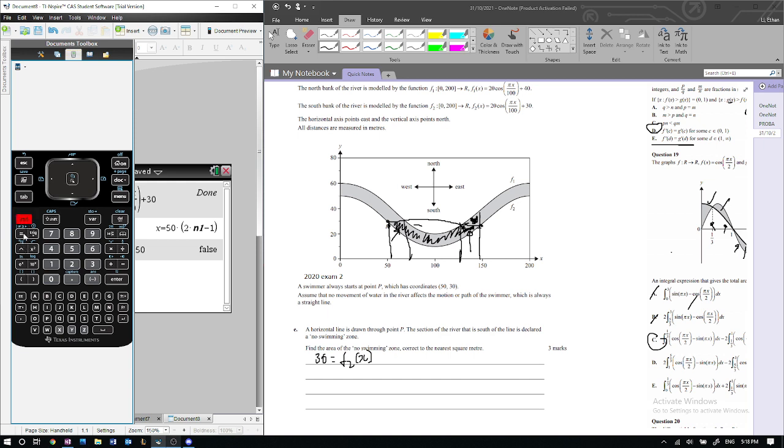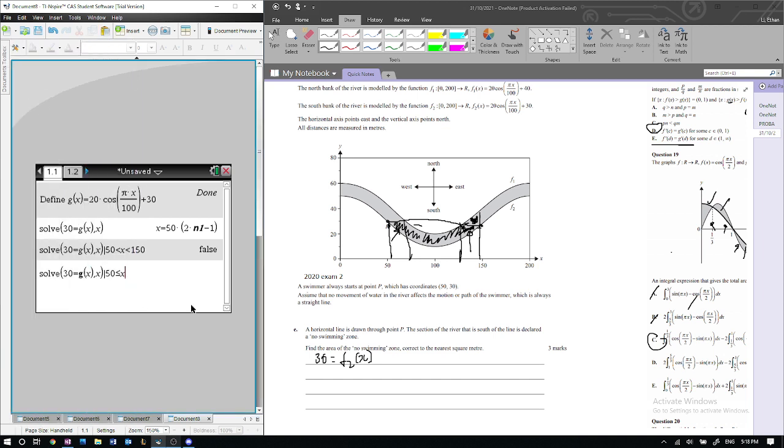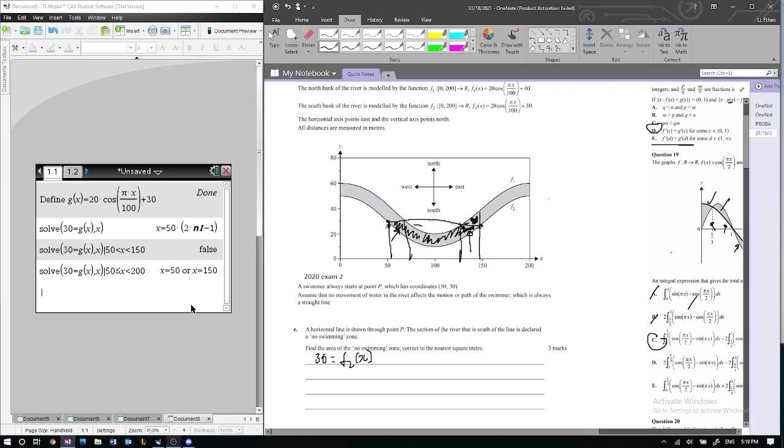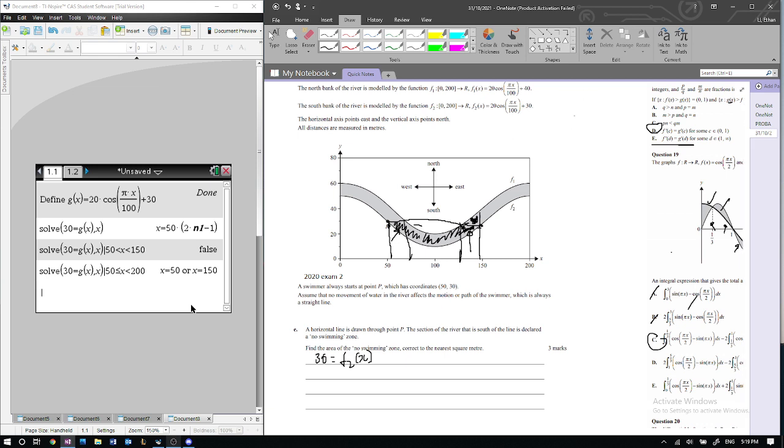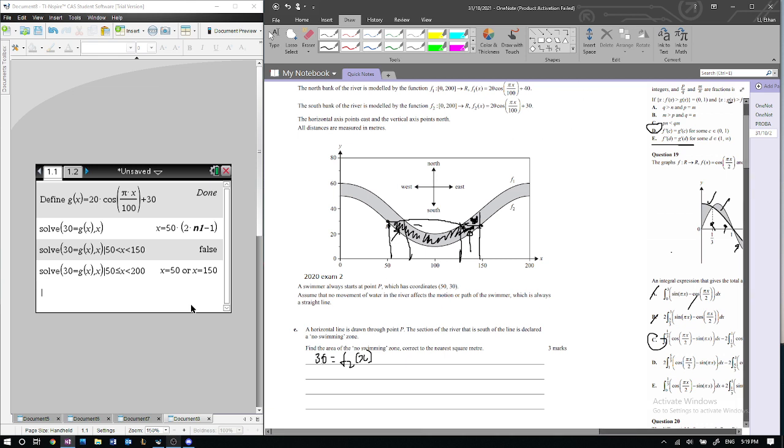Smaller than or equal to x, just smaller than 200. Why not? Okay, and then you get your terminals, which are 50 and 150.